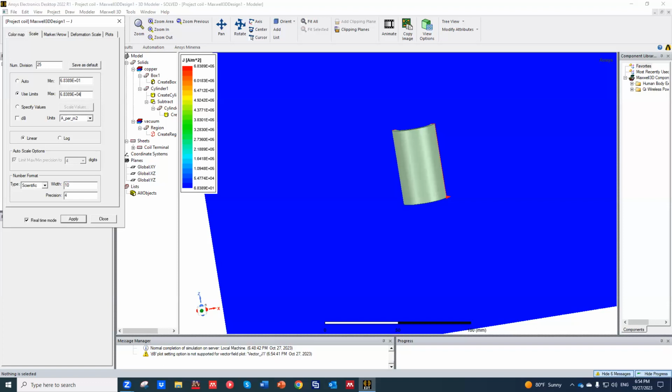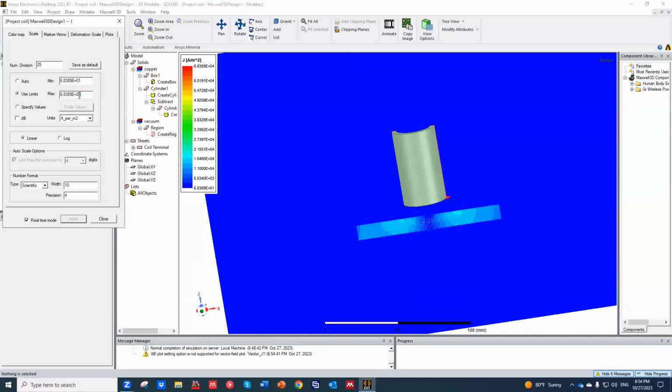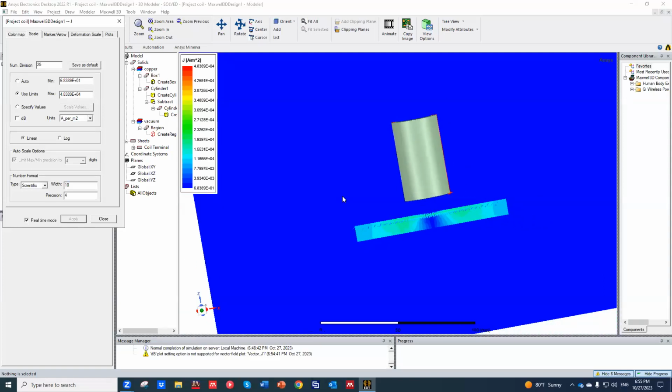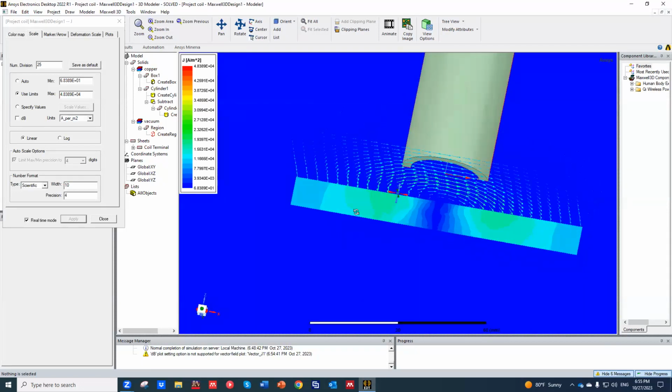Let me reduce the maximum value of the current, like this. It's too much, more here, and maybe 3 here. Anyway, so yeah, this basically conveys my point.